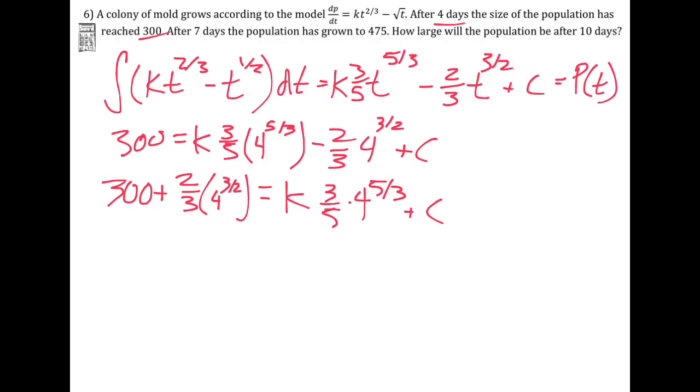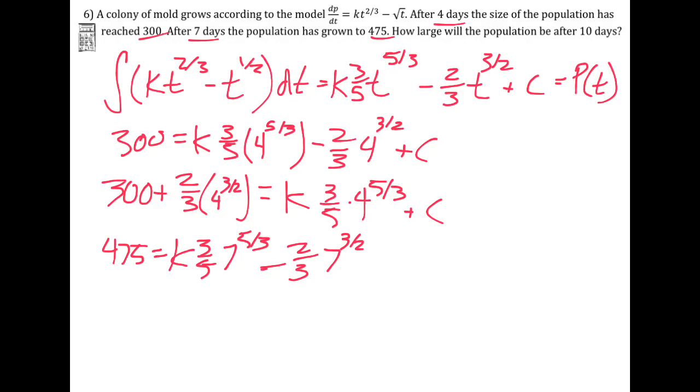Now let's write our second equation with our second point. We know after 7 days, population is 475. And so we're going to get 475 equals k times 3/5 times 7 to the 5/3 minus 2/3 times 7 to the 3/2 plus c.